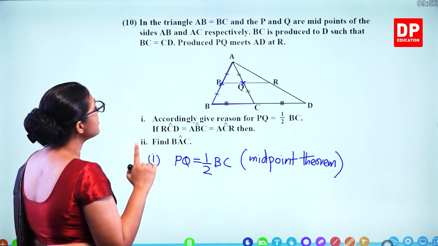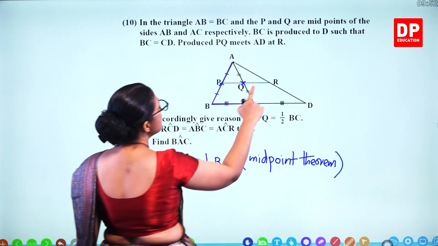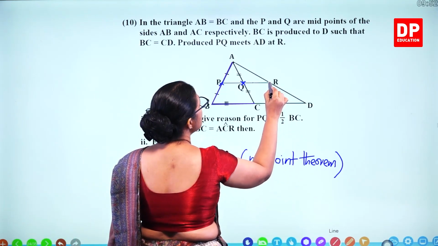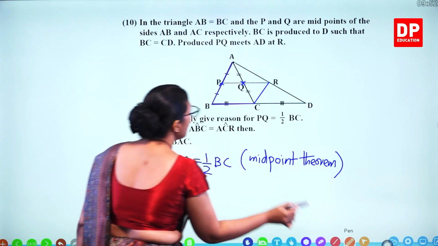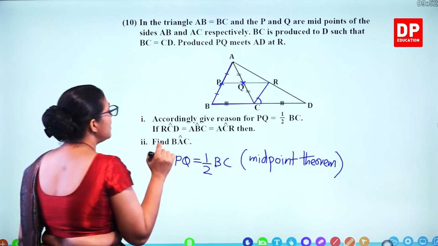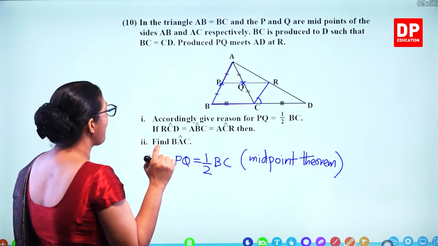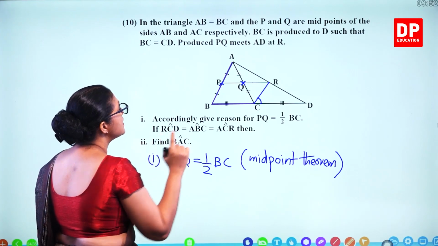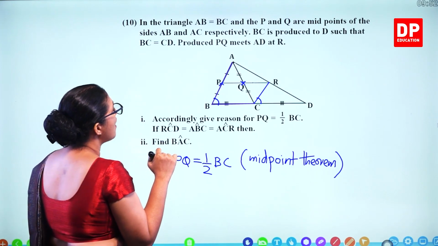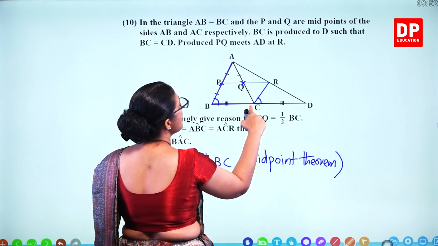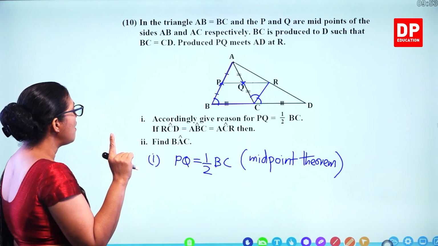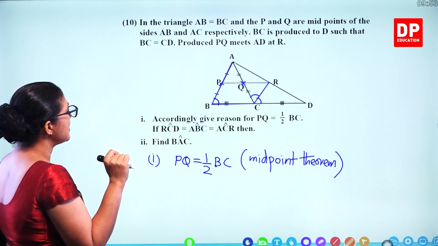And it says if RCD, we have to connect this one. If RCD angle, this angle, is equal to ABC, this angle, and ACR, this angle, all three angles are equal, find BAC.